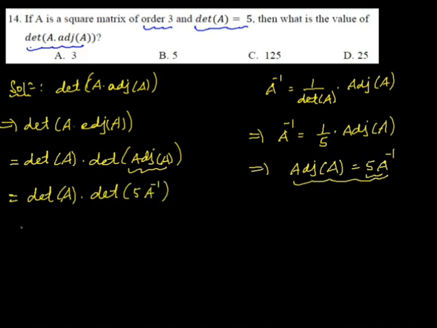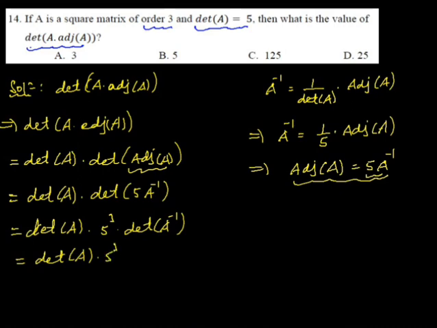This is the same as determinant of A times 5 to the power of 3 times determinant of A inverse, but determinant of A inverse is 1 over determinant of A. So determinant of A times 5 cubed times 1 over determinant of A. From the property of determinants, the determinant of A inverse is the same as 1 over determinant of A. Now this can be cancelled out.